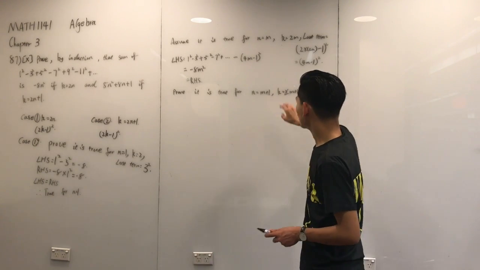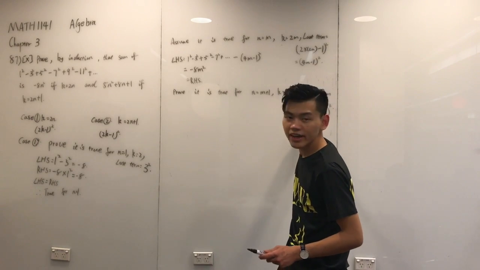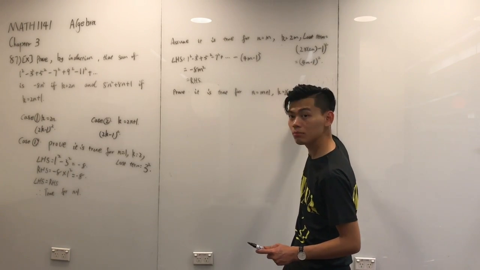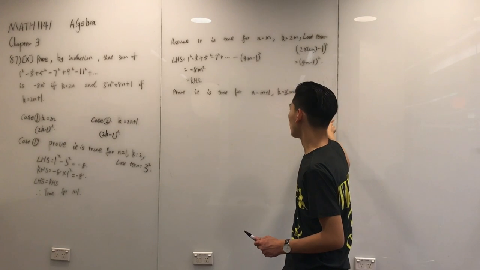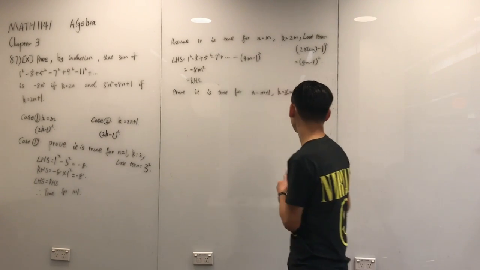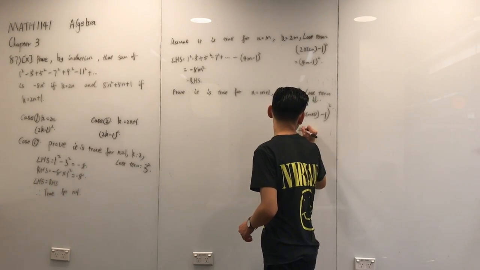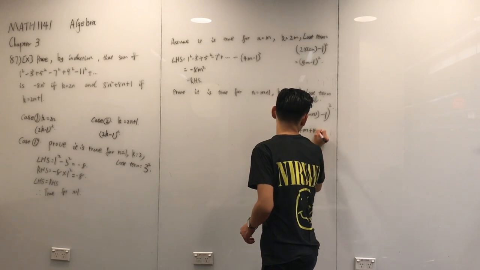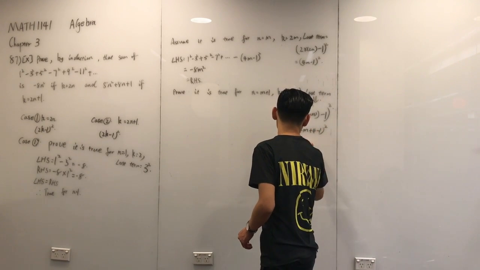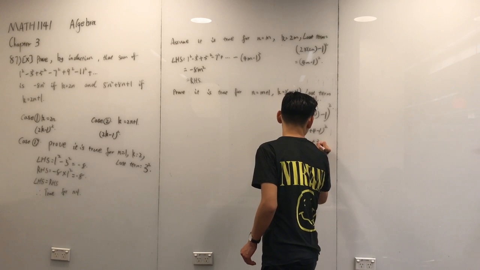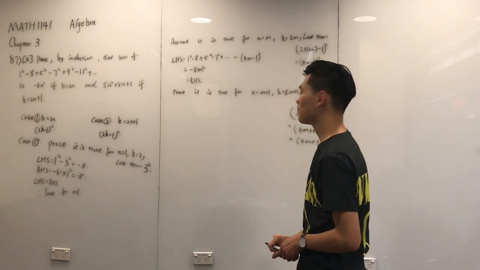So twice k, 2 times k, where k is 2m plus 1, minus 1 squared, which is 4m plus 4 minus 1 squared, which is 4m plus 3 squared, right?